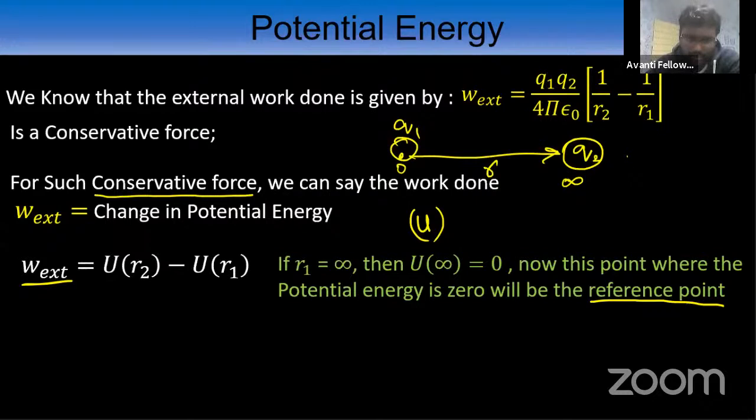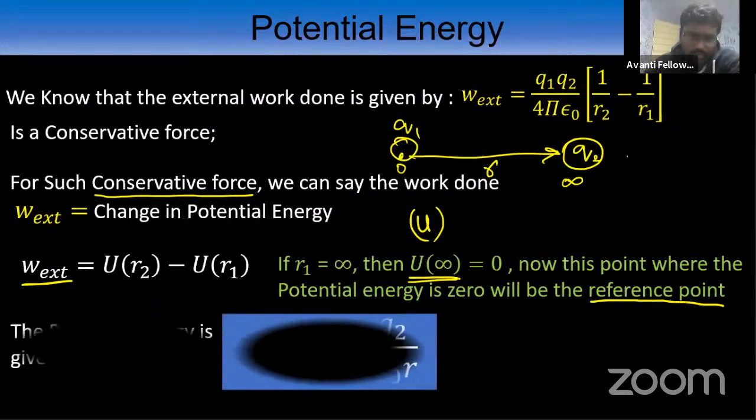This point will be considered as my reference point for calculation of all potential energies. Make a note that U of infinity is 0. So this point at infinite distance will be considered as my reference point for calculation of potential energy at any given point.